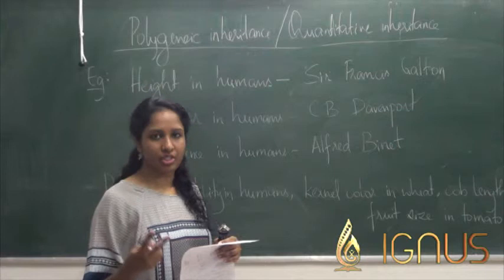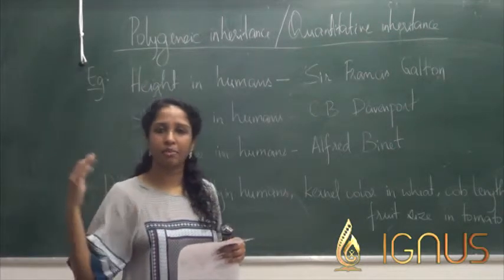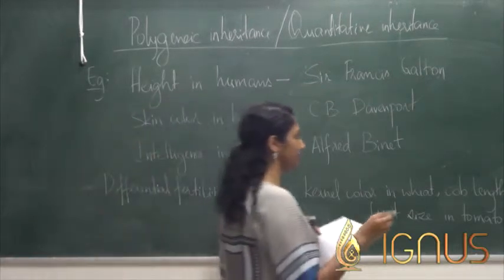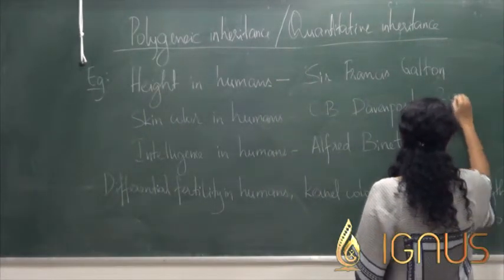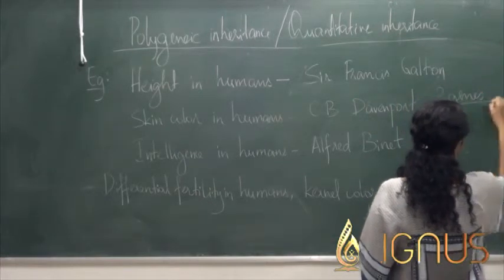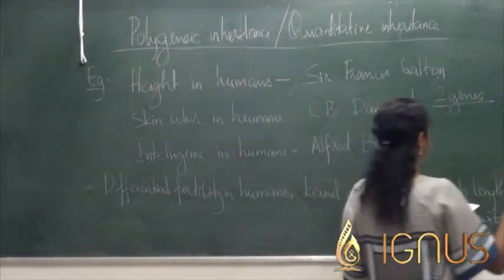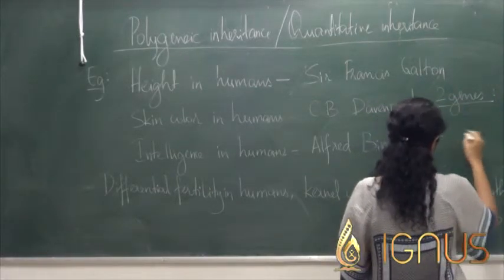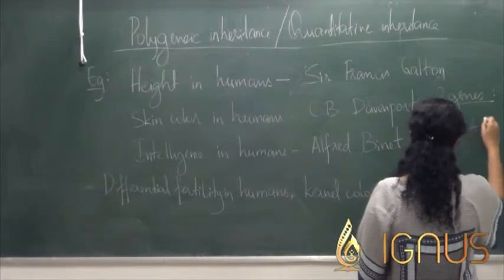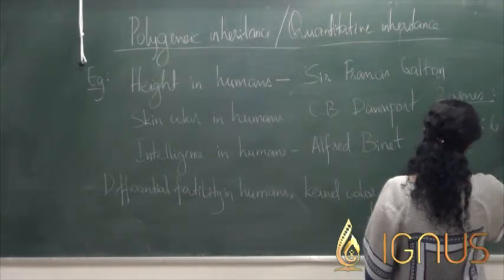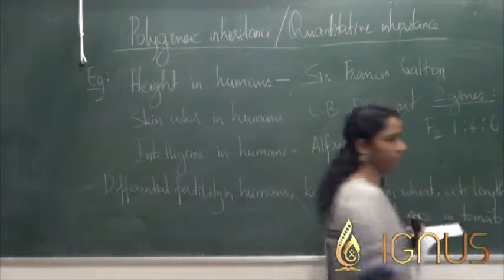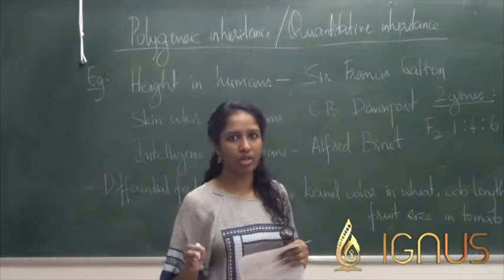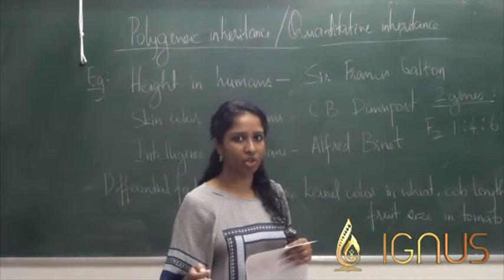So if there are 2 genes which are involved in the production of one specific phenotype, then the F2 generation ratio is going to be 1:4:6:4:1.